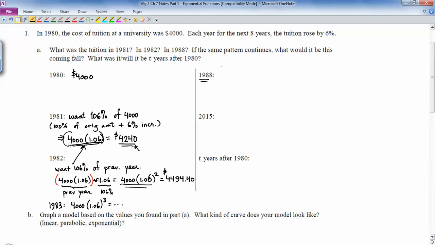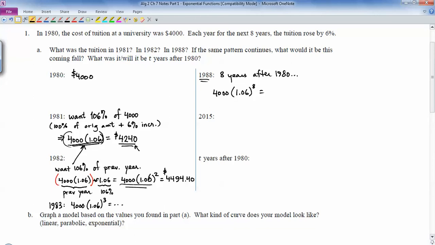Okay, let's look at 1988. Well, that's going to be 8 years later. 8 years after 1980, the initial year. So in that one, I'm going to take 4,000 and multiply it by 1.06 to get 1981, and then square it to get 1982, cube it to get 1983. I'll raise it to the 8th to get 1988.